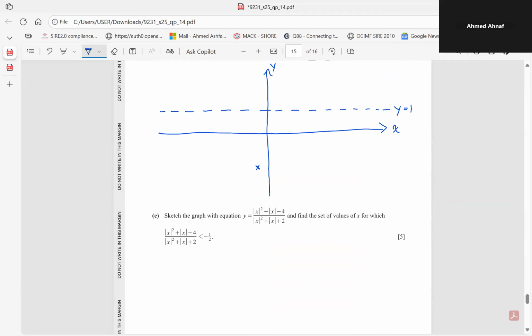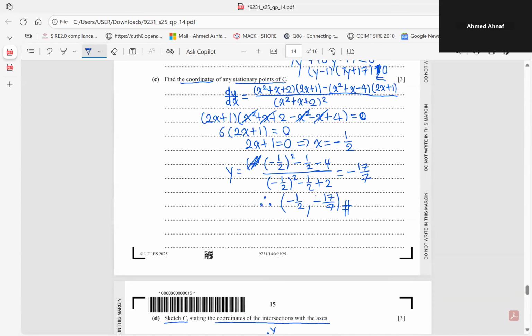Okay, so this is 1, and this would be 0, minus 2. And then this would be the stationary point.